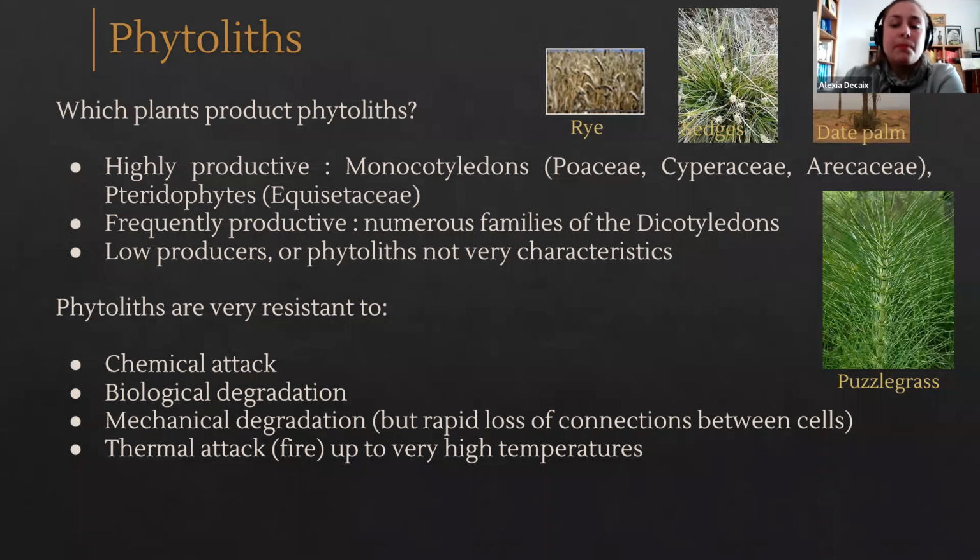And finally, some plants, indeed the vast majority of plants, are not very productive or produce uncharacteristic phytoliths. And it should also be remembered that phytoliths are very resistant to chemical and thermal attack, but also to biological and mechanical degradation.